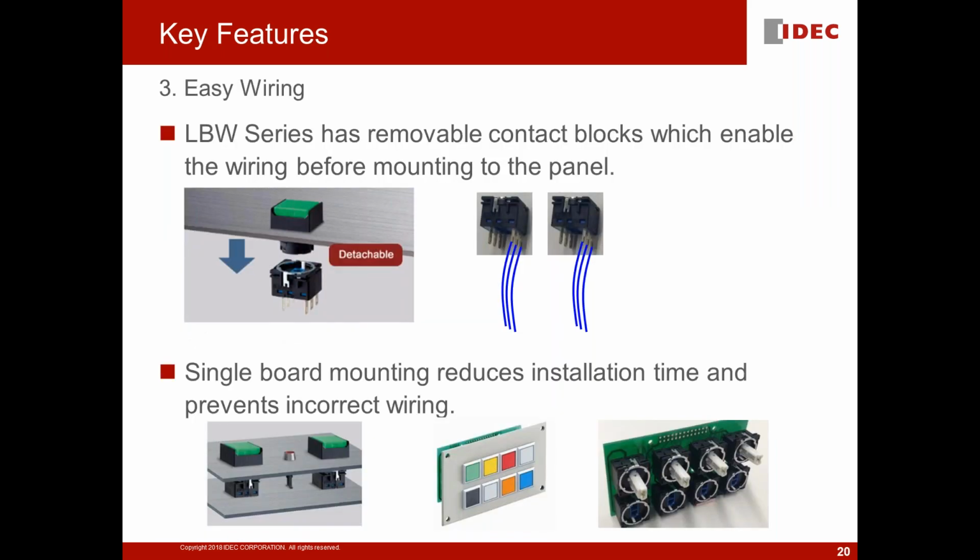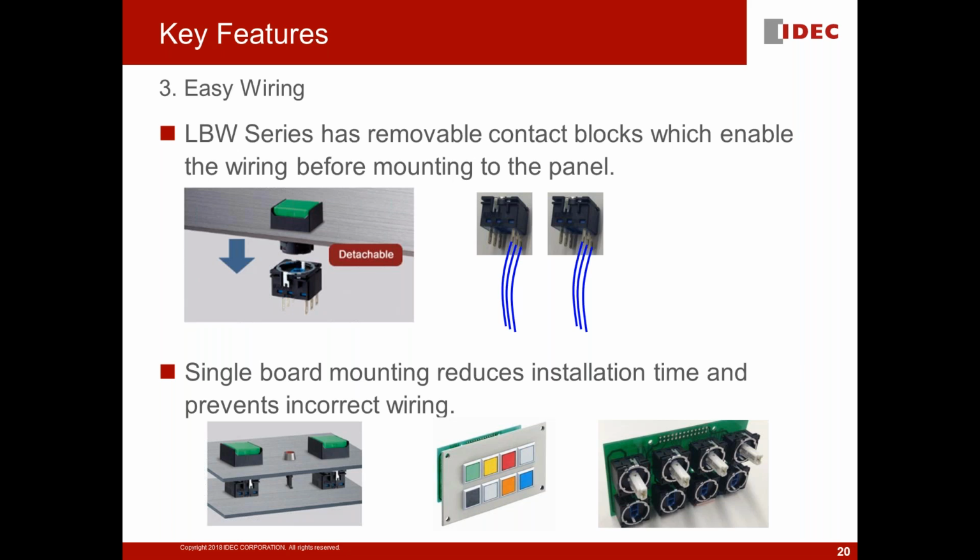And also, the LB/LBW has a modular design. The contact blocks are detachable. This provides flexibility for wiring, because you can have the wiring prefabricated, so you don't need to do on-site connection and wiring after the switch is mounted.